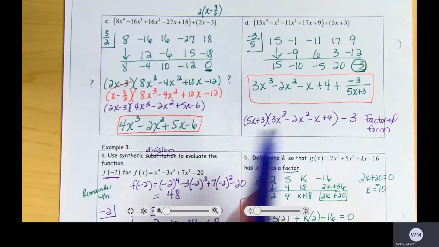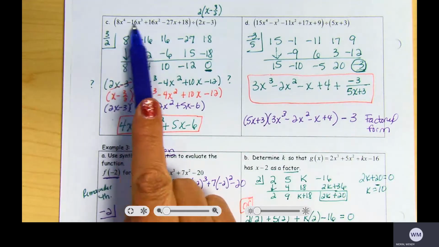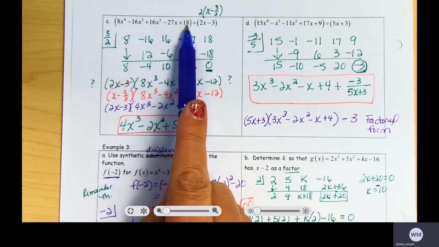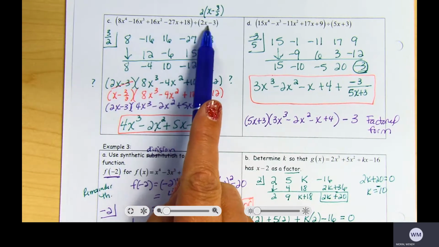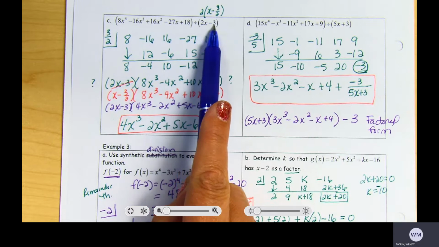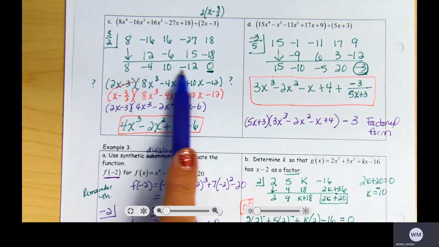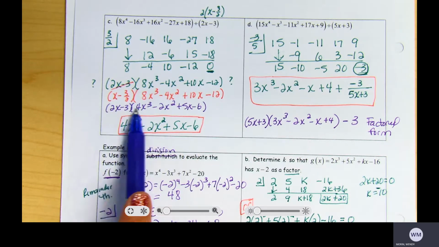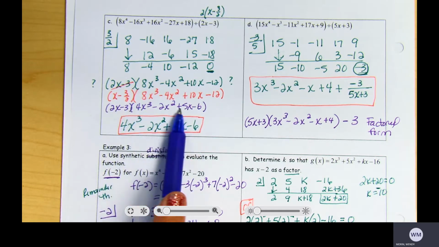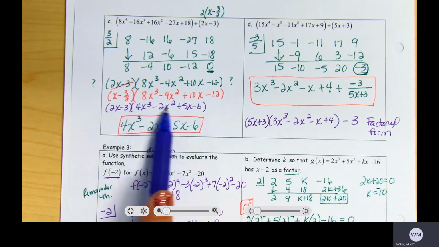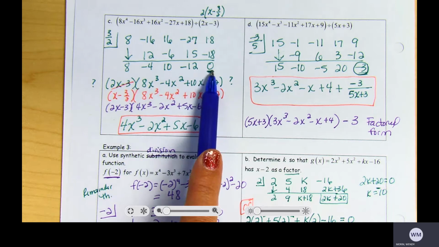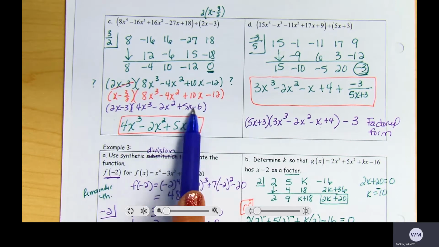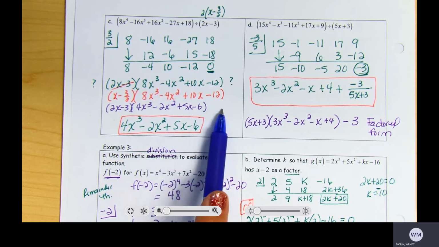Now again, what about the factored form of this? We talked about this. The factored form of this, if you're going to use 2x minus 3 as your factor, what's left over has to be divided by 2. So this right here is the factored form. Now it goes in evenly, right? So that means 2x minus 3 is a factor times this, with no remainder.